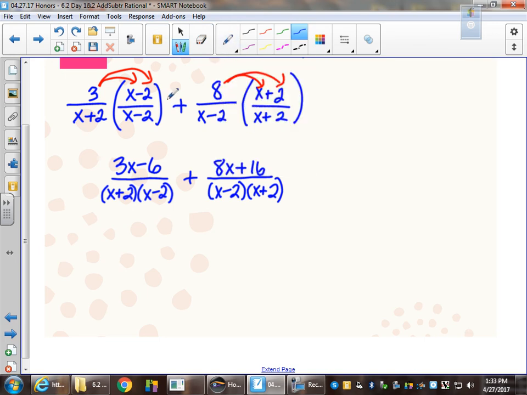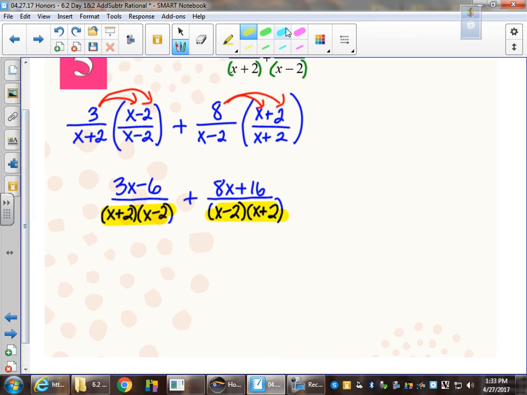So when I do my little check, I have accomplished my common denominator, which means now we can just go ahead and straight up add what's up top. So if it's addition, I don't have to worry about distributing any negatives. We're going to have 3x minus 6 plus 8x plus 16, all divided by x plus 2 times x minus 2.